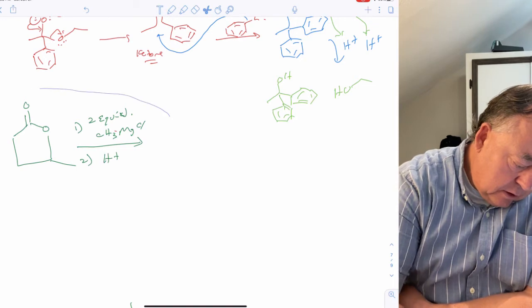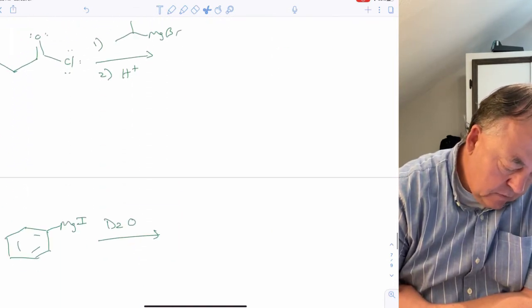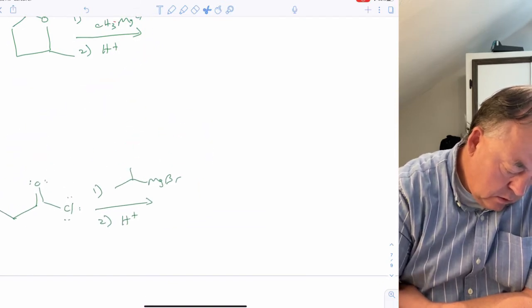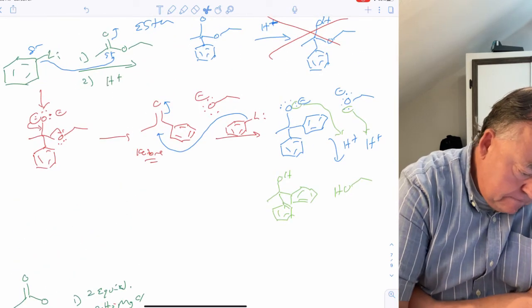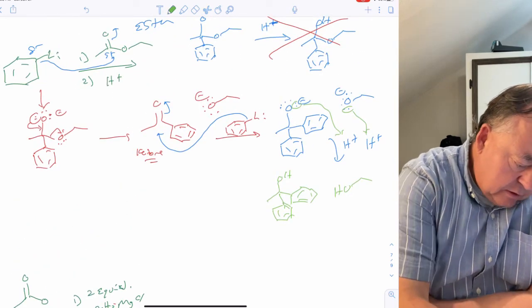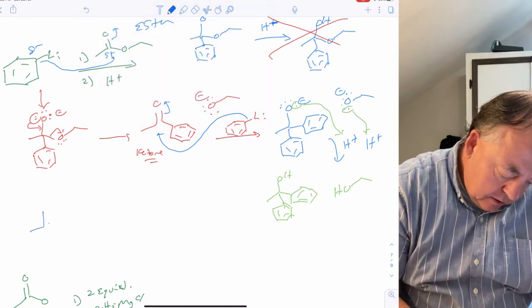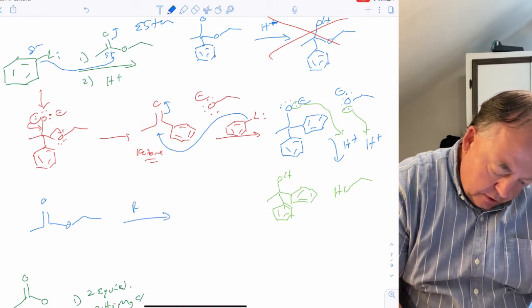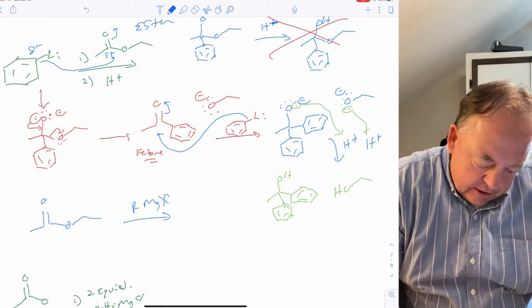Okay, so let's try to make this easier to just see the product. If you're reacting an ester with an organometallic reagent, so it could be RMgX or it could be RLi, doesn't matter.